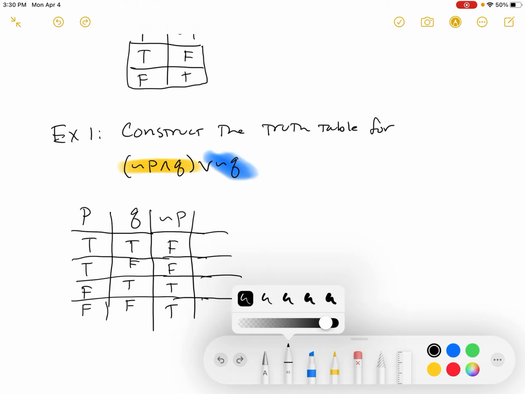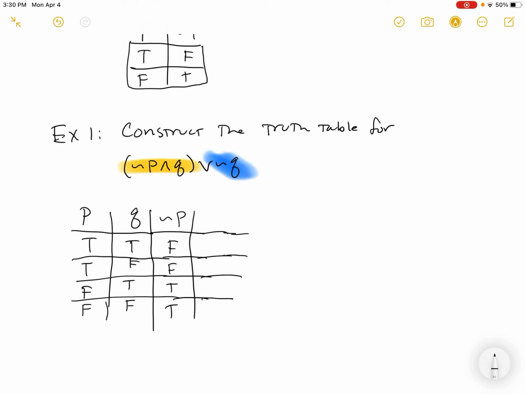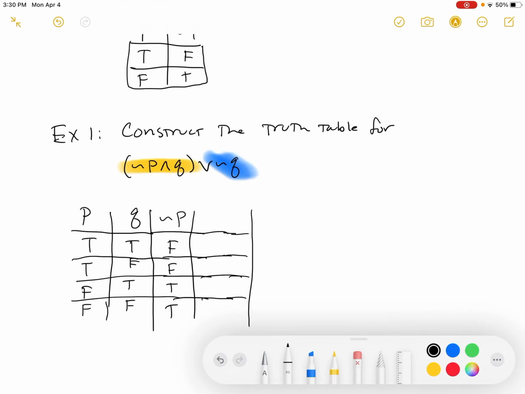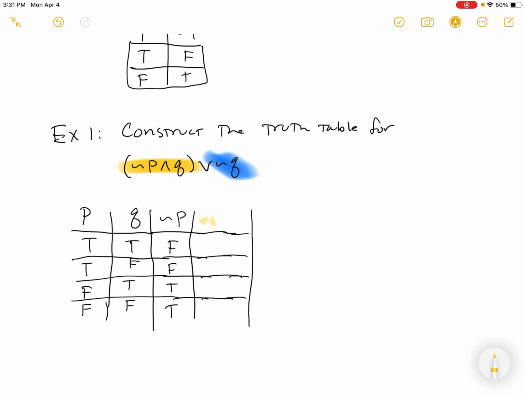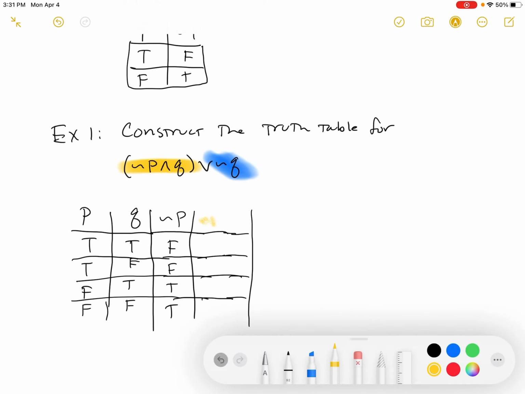Let me make these lines a little bit longer here, because what we're going to write in this next one is the yellow one. So we look at our complex compound statement, and we look at the two pieces, and we realize, okay, I got to do not, let me back up there, I didn't grab the right style of pen.